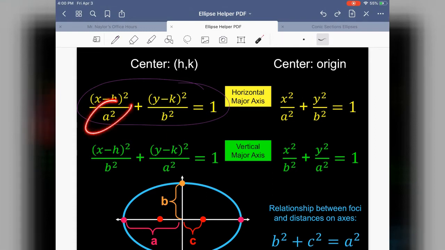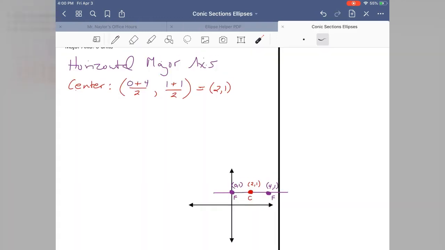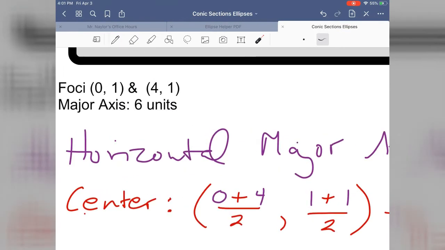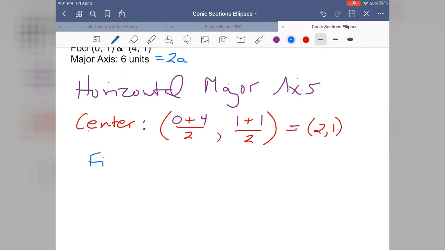And a and b are not that far away from the work that we've done in this problem, because if the major axis is 6 units long, that actually means that 2a is equal to 6. Because remember, 2a is always the whole length of the major axis. So finding a is just a matter of understanding what we've been given.